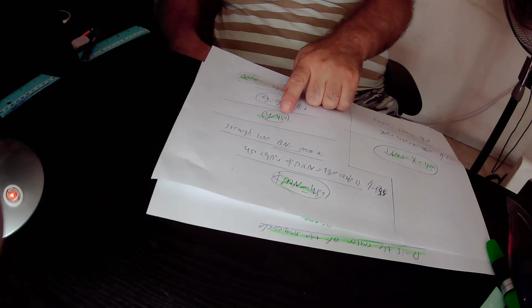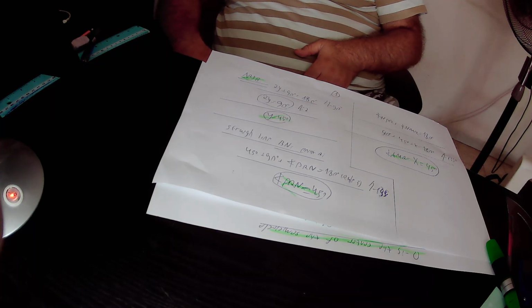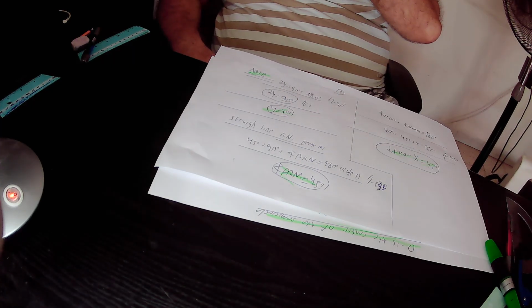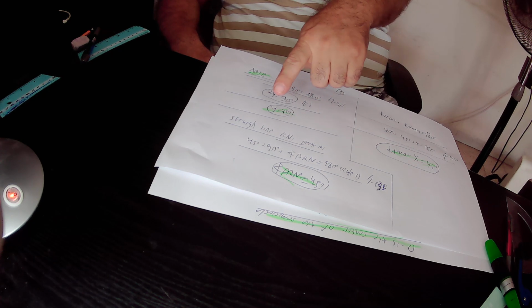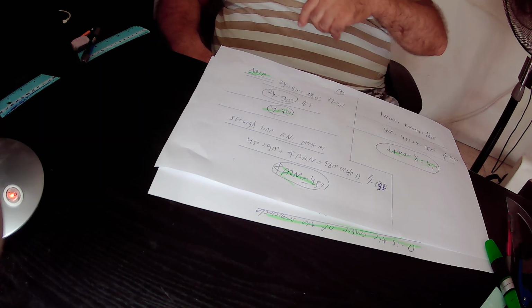So again, on the left side of the straight line BN at point Q, the sum of the angles must be equal to 180 degrees according to rule 3. Therefore, we have 45 degrees plus 90 degrees plus the size of the missing angle PQN, in total equal to 180 degrees.